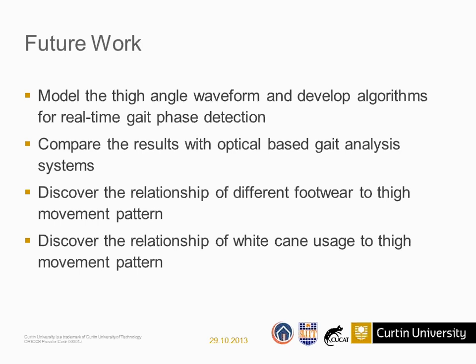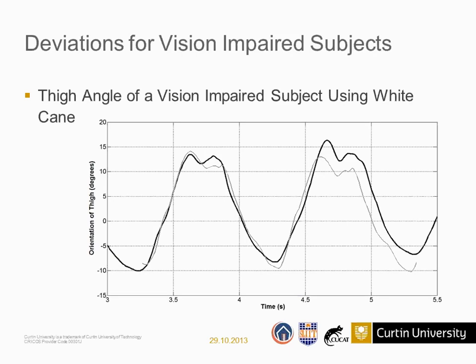we are planning to do an experiment with the collaboration of physiotherapy people, and they have this optical based lab where we are going to compare the IMU based results with the optical based results and see if they are accurate enough to do these analyses.